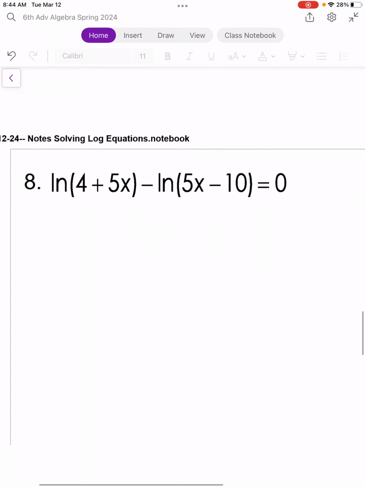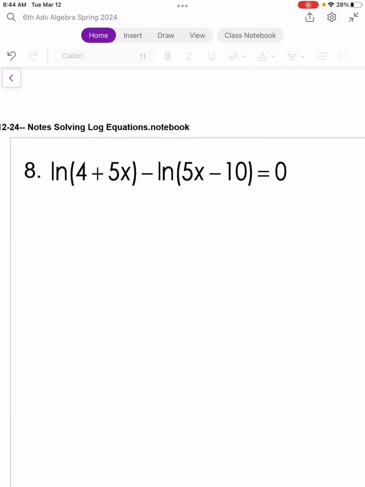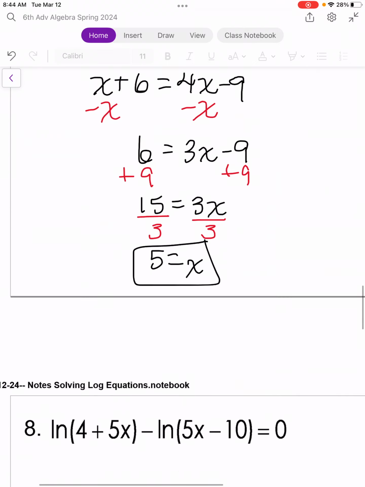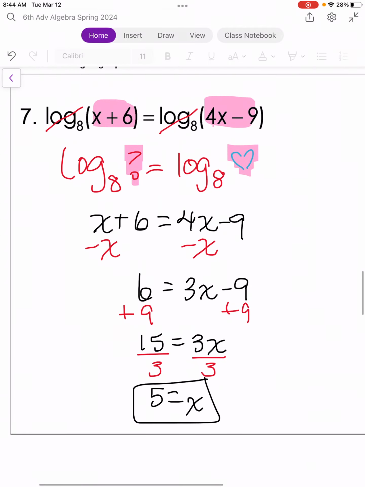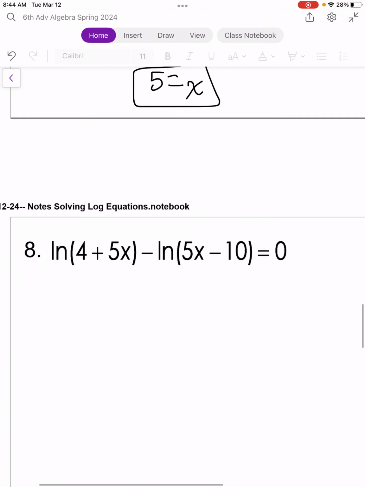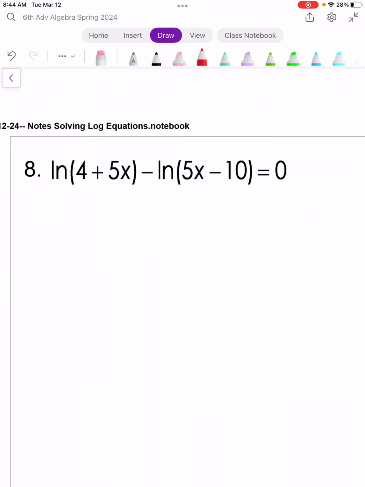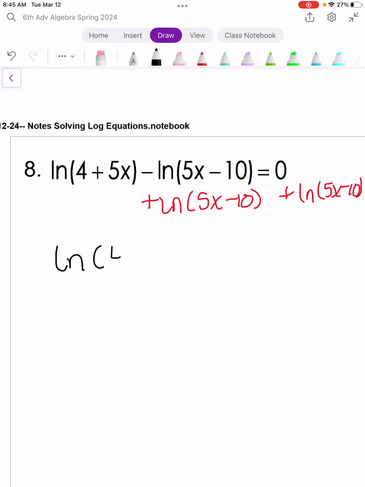Okay. Number 8, you could do this a couple of ways. You can condense these into one natural log, or it looks really similar to number 7, because I have two logs, but I could add the natural log of 5x minus 10 to both sides, and I would get the natural log of 4 plus 5x equals the natural log of 5x minus 10.